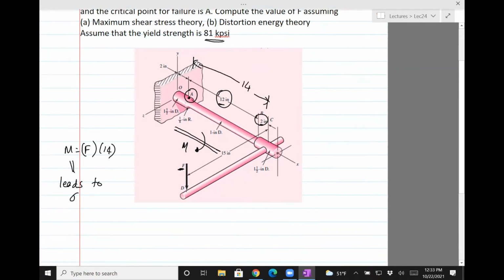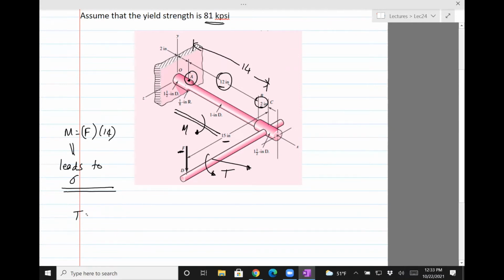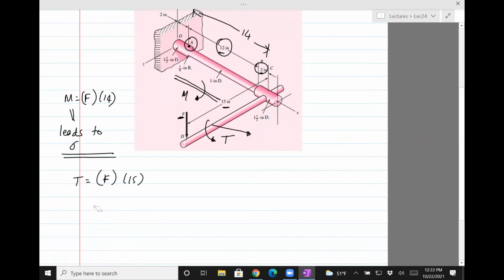This leads to sigma. Okay. There's something else going on, which is because there's a force F, and this force F has a lever arm of 15 inches, you will see that it's actually also loaded in torque, right? There's a torque which is acting along this axis. So the torque is going to be the force F times the lever arm, which is 15 now. So this leads to tau.